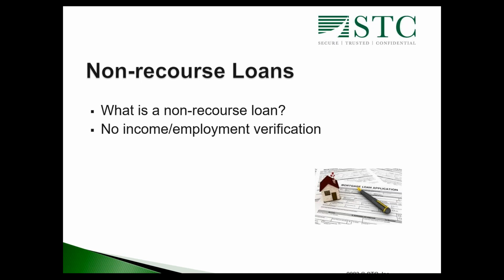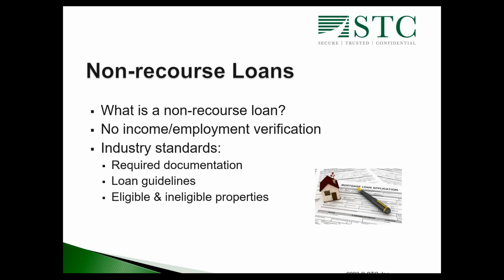And I'll give you some of the general specifications for this type of loan. There's no income or employment verification, as there is in a personal loan, because this is your retirement account actually getting the loan. So your retirement account doesn't have a job. So that is unnecessary. Just general industry standards. Again, you would go out and do your due diligence and talk with different non-recourse lenders and find out what their specific terms are.